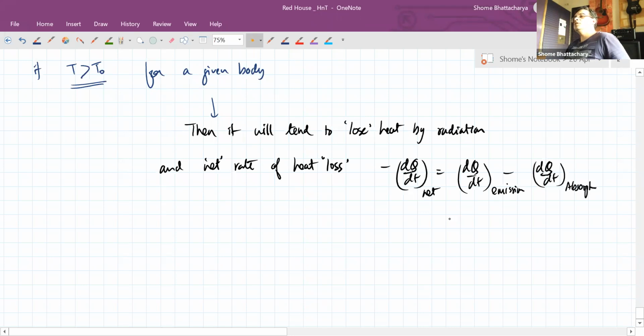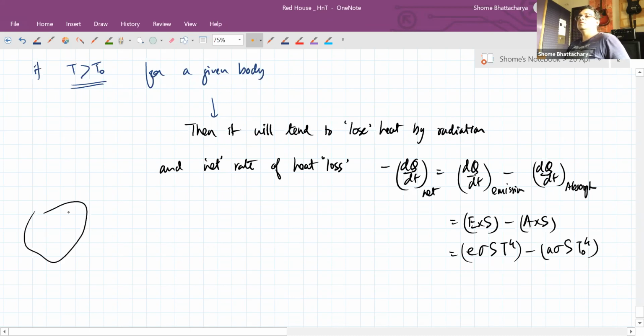So that will be nothing but emissive power multiplied by its surface area minus absorptive power multiplied by its surface area. So this will become E sigma into surface area into T to the power 4, minus this will become absorptivity into sigma into same surface area but into surrounding temperature to the power 4.